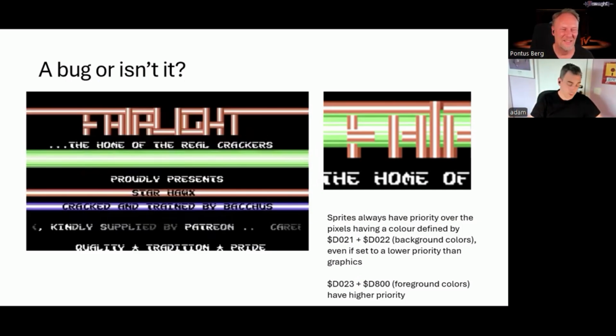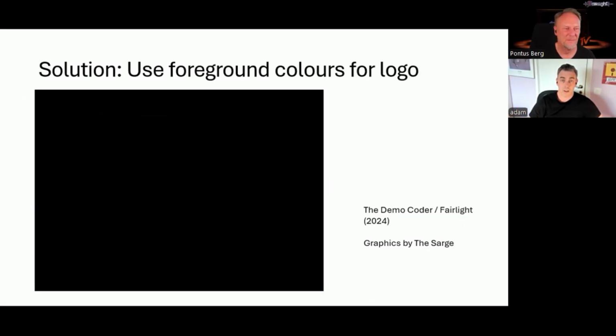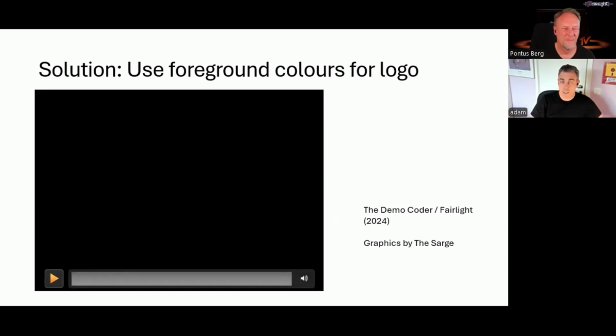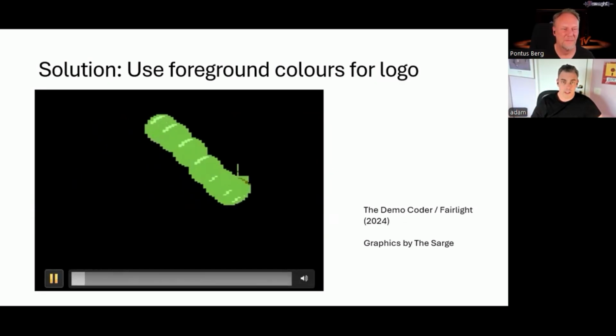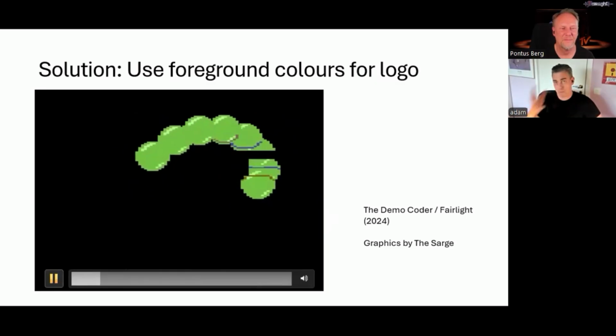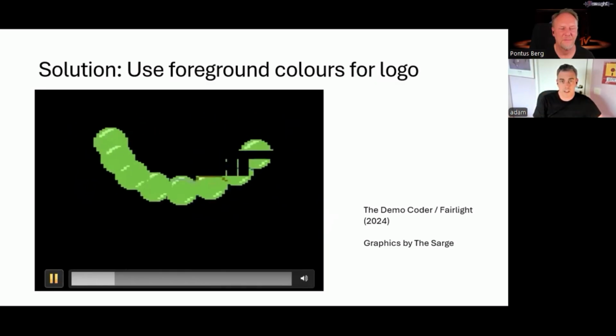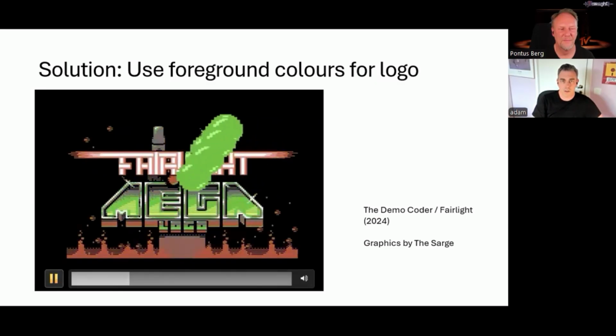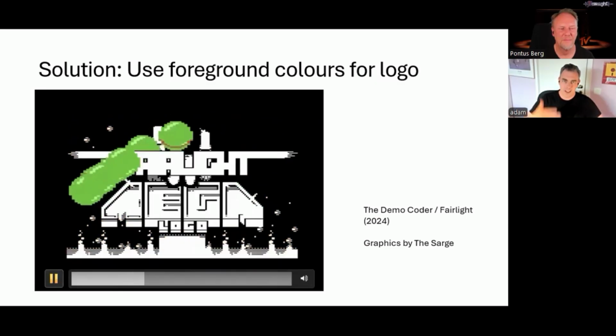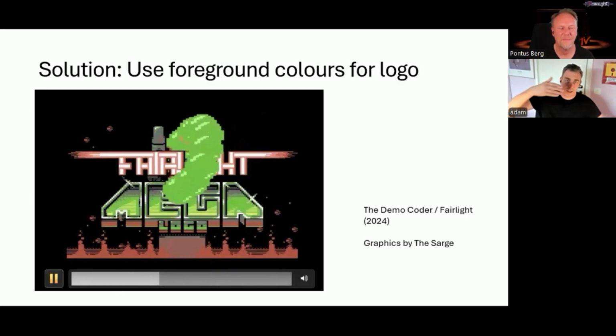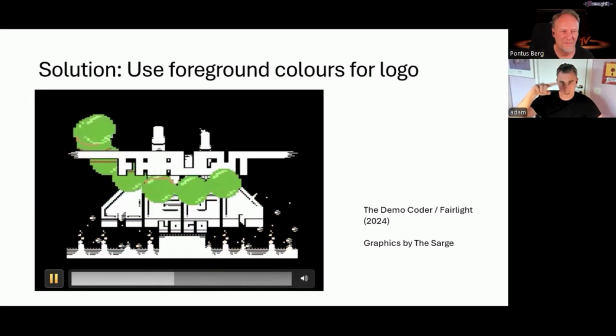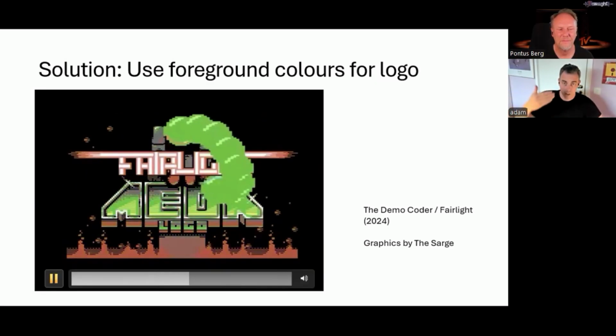Well, the thing with this type of layers is that you can actually use it for getting this background foreground effect. In fact, if you look at the next slide, where this is being used now, this is a demo, and it's a kind of homage to the previous intro, but here we're fixing the foreground background issue by having the sprites really go behind the logo, even as far as you can see a black outline of the logo being in front of the sprites.